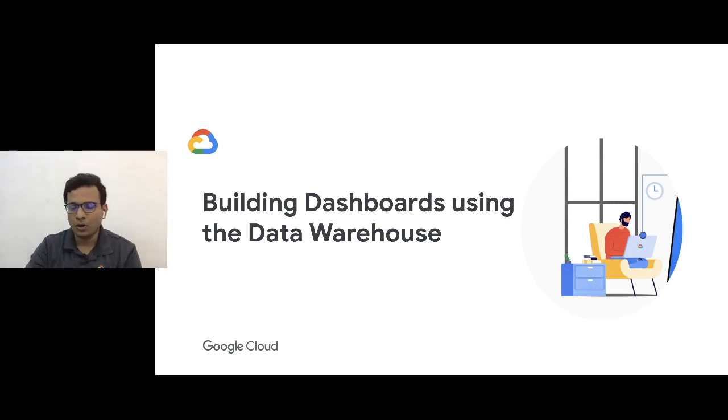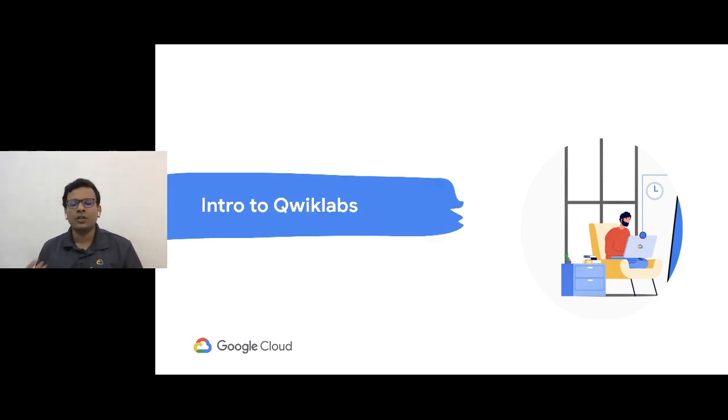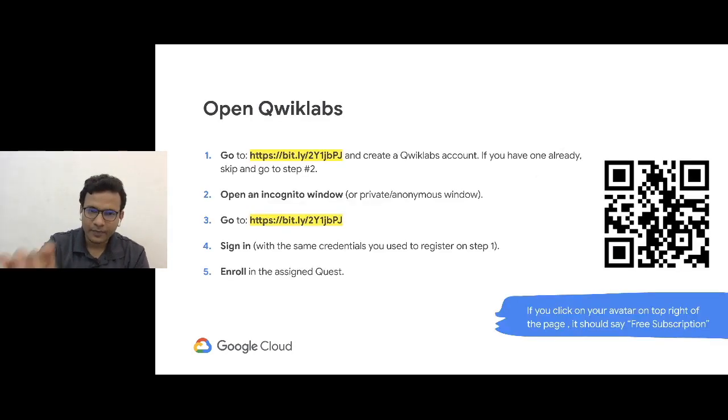Okay, so we have gotten used to using Qwiklabs by now, I hope. If not, maybe you can go back to session 1, and the first half of that session talks about an intro to Qwiklabs. Here we will not spend more time on that; we will spend more time on the labs. So again, I'll reiterate this bit.ly link: 2 capital Y, 1 small j, small b, capital P, capital J. Create an account if you don't have one.